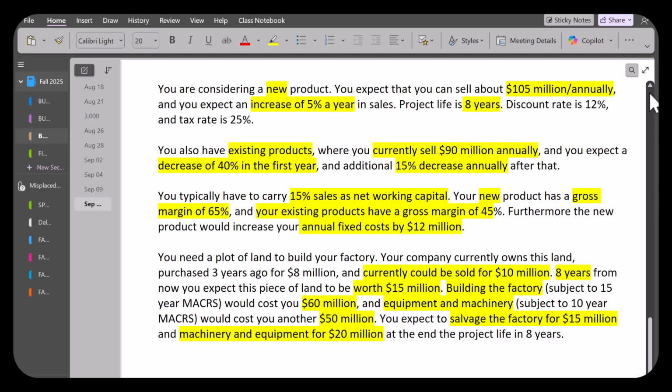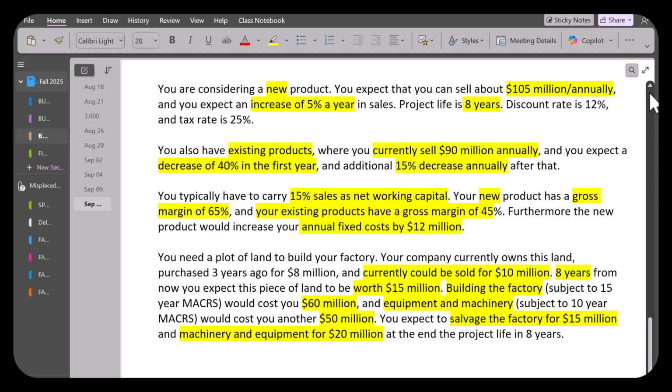Given these parameters, we're going to calculate what we call pro forma income statements, which means, what would be the income statements for the firm, given these parameters and the relevant cash flows. And we'll calculate cash flow from assets. Once we have all of those, we will go ahead and make a decision about the project.